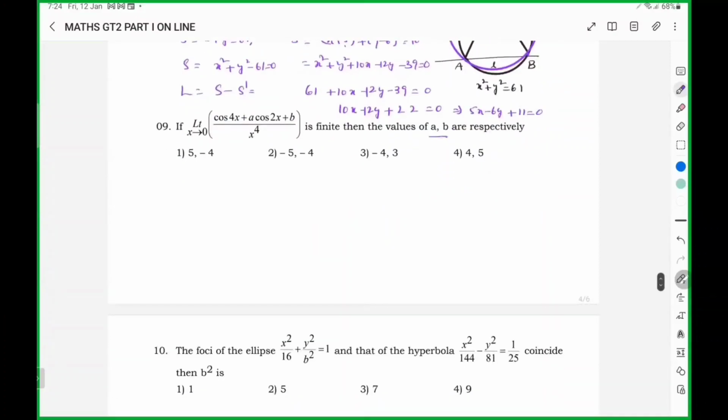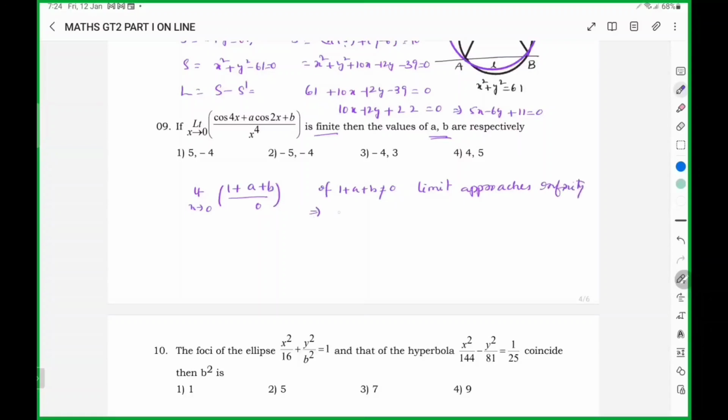Here, find the values of a comma b. First, cos 0 is 1. So if 1 plus a plus b is not 0, then that limit approaches infinity.